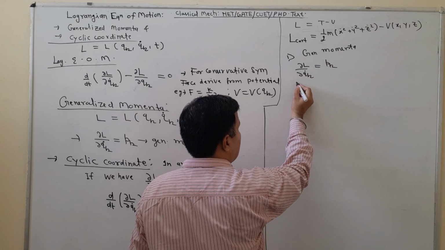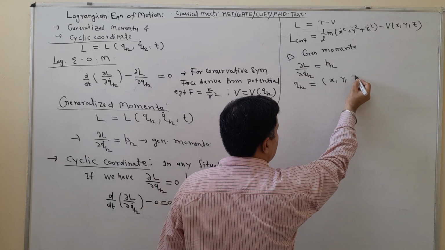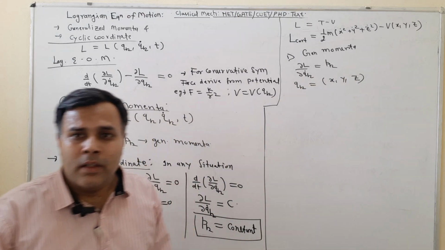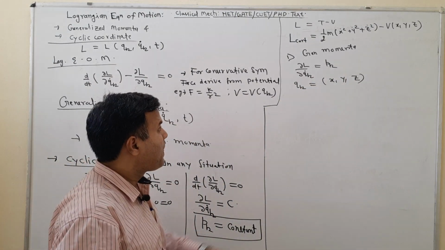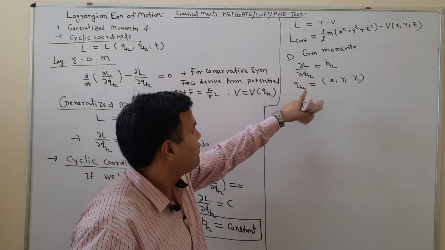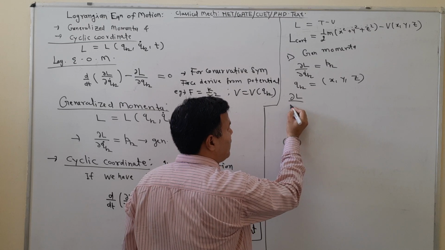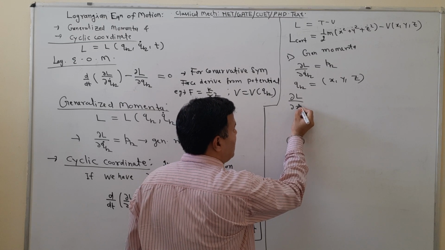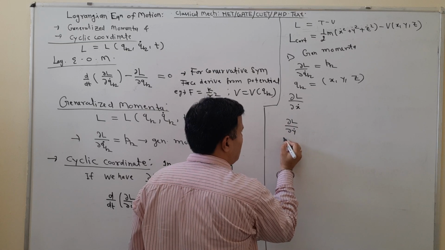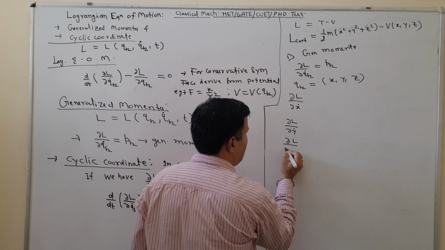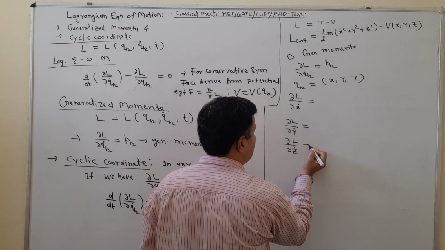Here Qk is simply x, y and z, so we have three different profiles: del L upon del x dot, del L upon del y dot, and del L upon del z dot.